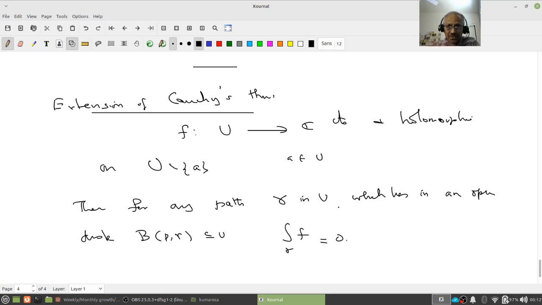If Riemann's theorem is true, then this is an obvious result; I should expect this extension of Cauchy's theorem. This kind of going back and forth is what gives you mastery over the subject. It may be a little confusing, but try to understand. I went to singularities and learned Riemann's theorem on removable singularities. What did it say? If f is continuous on all of this open set and holomorphic except at one point, then it is actually holomorphic on the entire open set. If that is the case, and if gamma is any closed path, I said it should be a closed path, I forgot to write that here.